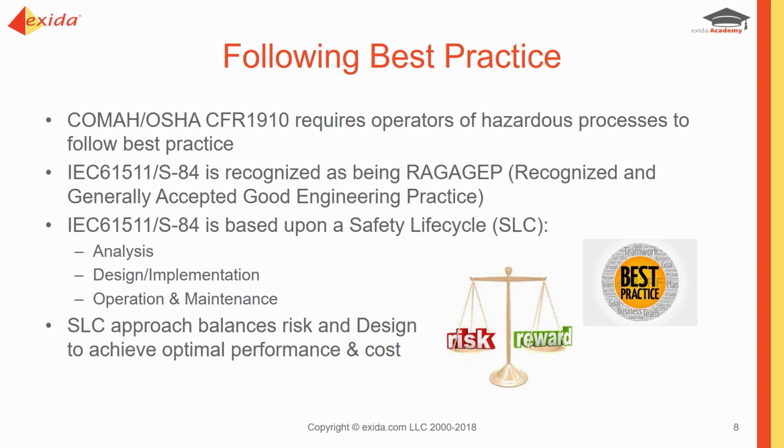And as long as we fit within that, we then look at what layers of protection we have, and any gaps in that will determine how we plug those gaps in terms of whether we put a safety instrumented system with safety instrumented functions at specific risk reduction targets, or we use other means. And from analysis, then we end up with a requirements specification for any safety instrumented systems and SIFs.